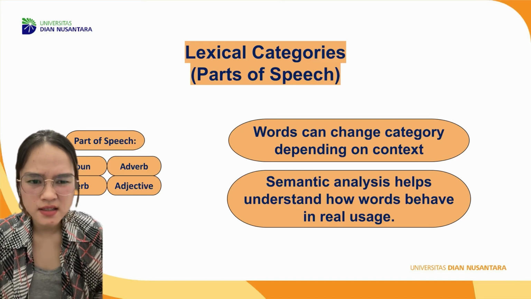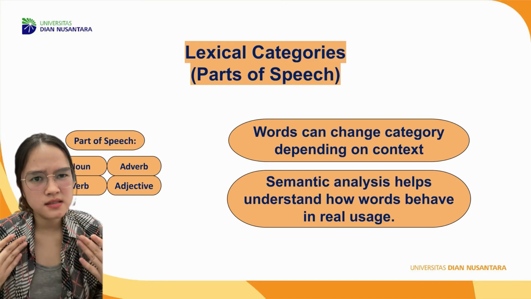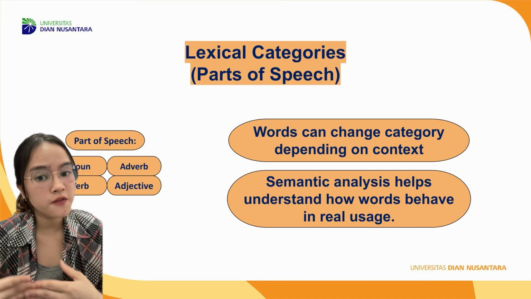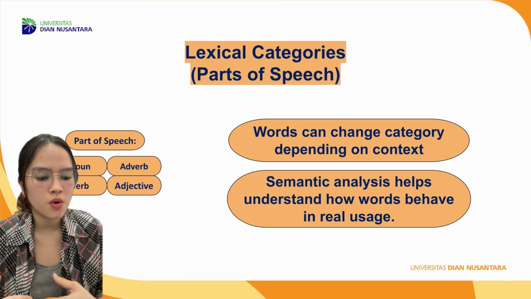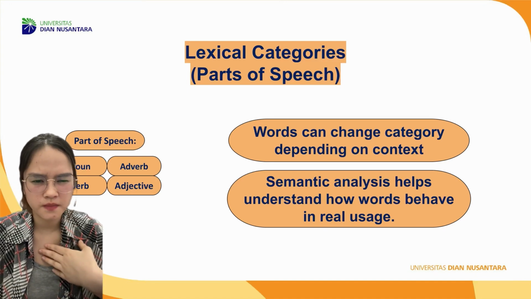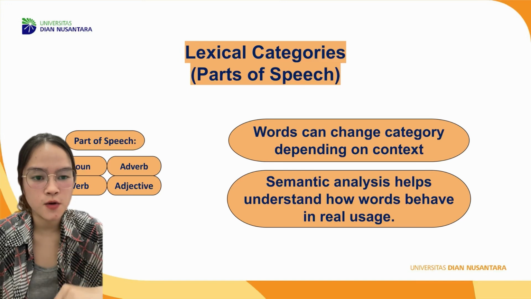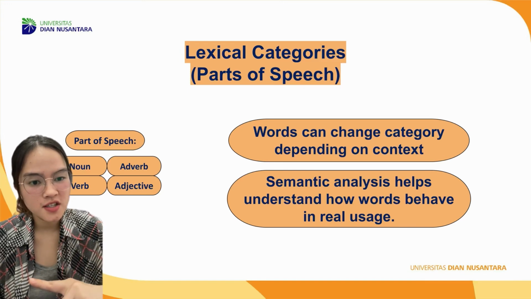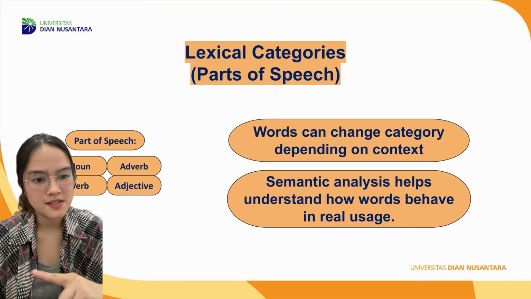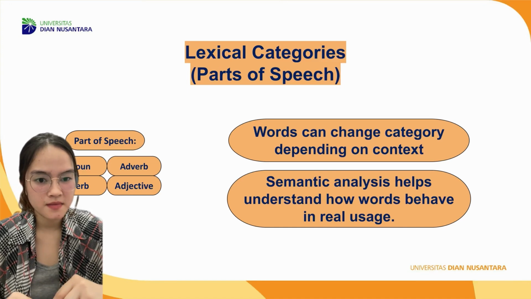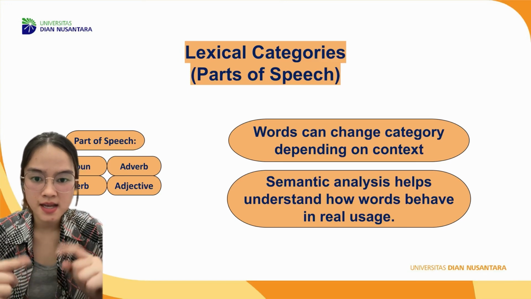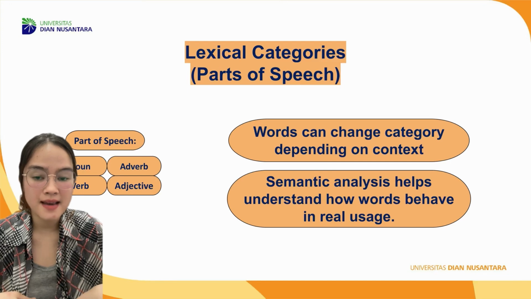What's on your head? This example, watch, is clearly a verb, but when we say, let's say, I lost my watch, it's a noun. So watch in the previous example is a verb, and in I lost my watch, watch in this sentence is a noun.